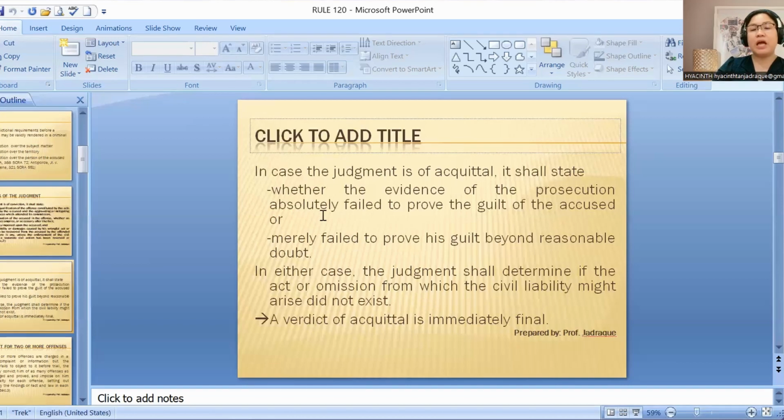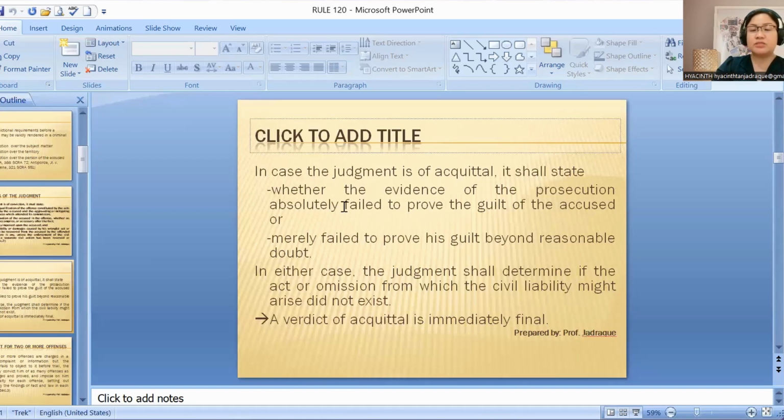For example, absolutely failed to prove the guilt of the accused, like the prosecution failed to prove the identity of the accused to be the perpetrator of the crime. So probably there could be mistaken identity.